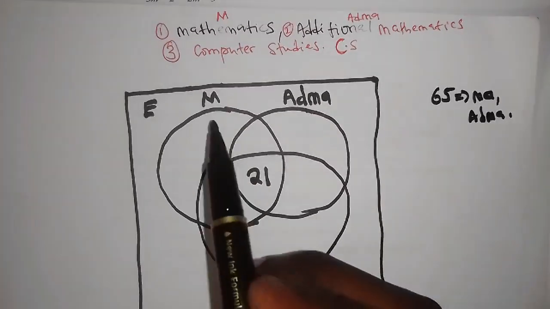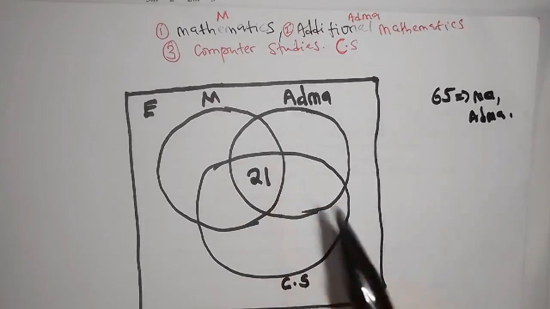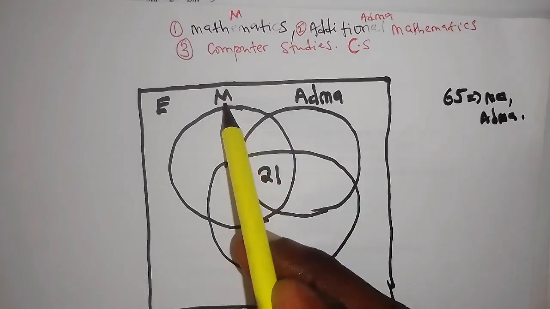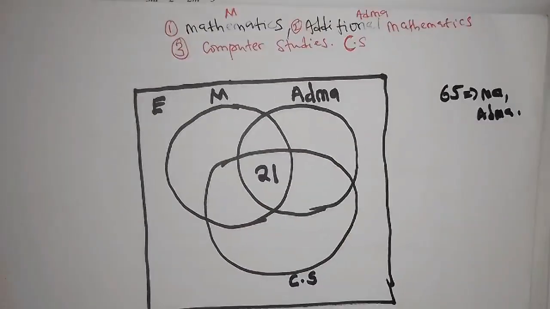So what this means is that we are looking at this intersection of M and additional mathematics.